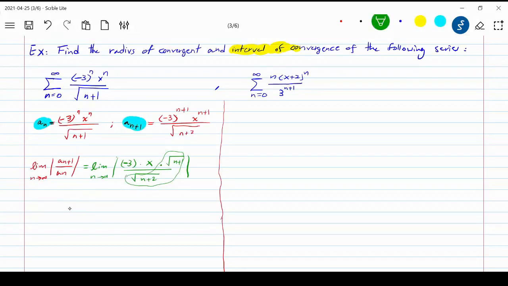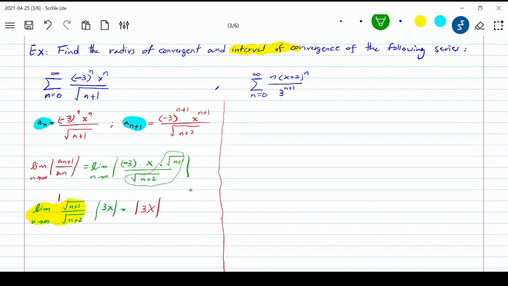So the limit is square root of n plus 1 over square root of n plus 2, multiplied by negative 3x, or you can simply write 3x, since the absolute value makes it positive. This is the part that contains n, that's why I took it out. This part simply is 1. So what you have is the absolute value of 3x.